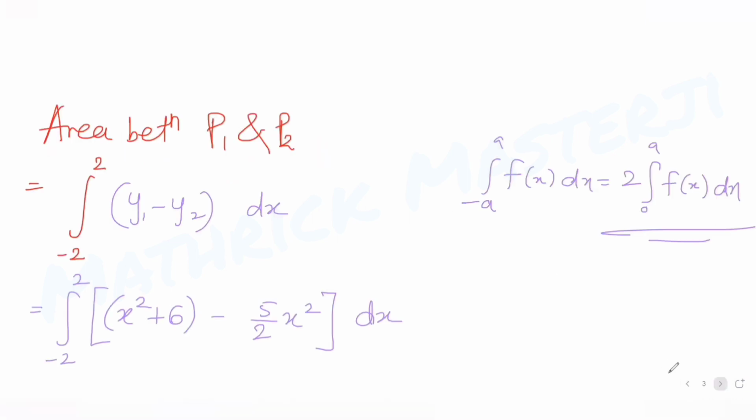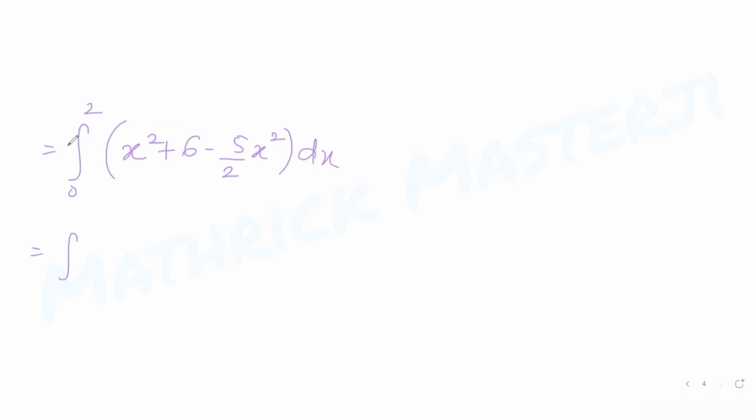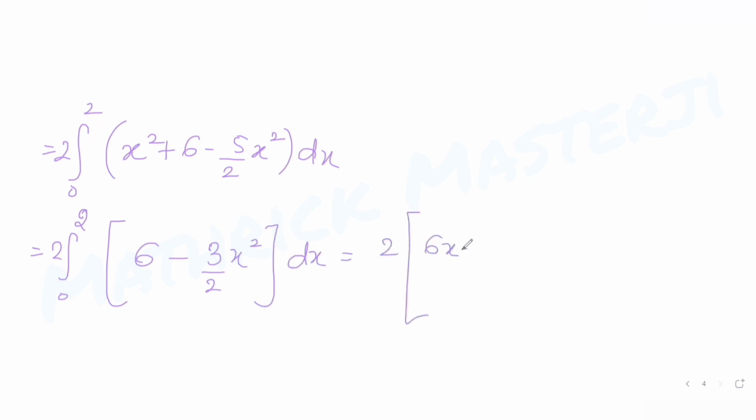Now solving this, I get 2 times the integral from 0 to 2 of 6 plus x square minus 5 by 2 x square, that is 1 minus 5 by 2, which is minus 3 by 2 x square, dx. So it is 2 times 6x minus 3 by 2 times x cubed by 3, with limits from 0 to 2.